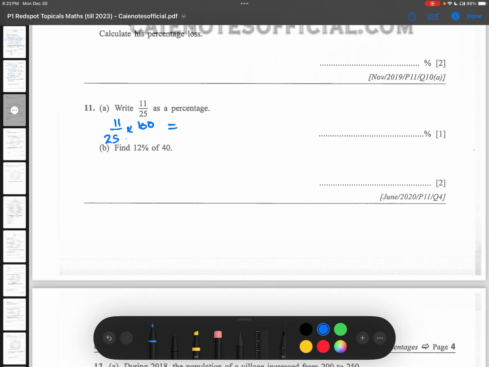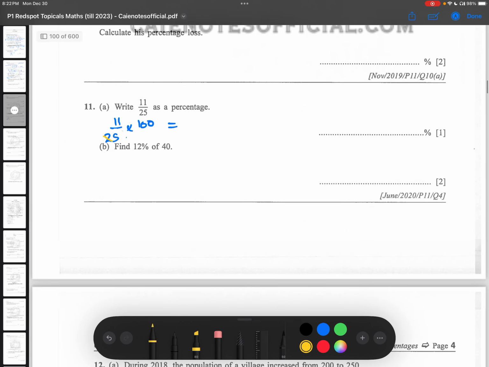So 25 gets cancelled with 100. 25 into 4 is 100. Now 11 into 4 is 44. It means this is equal to 44 percent.